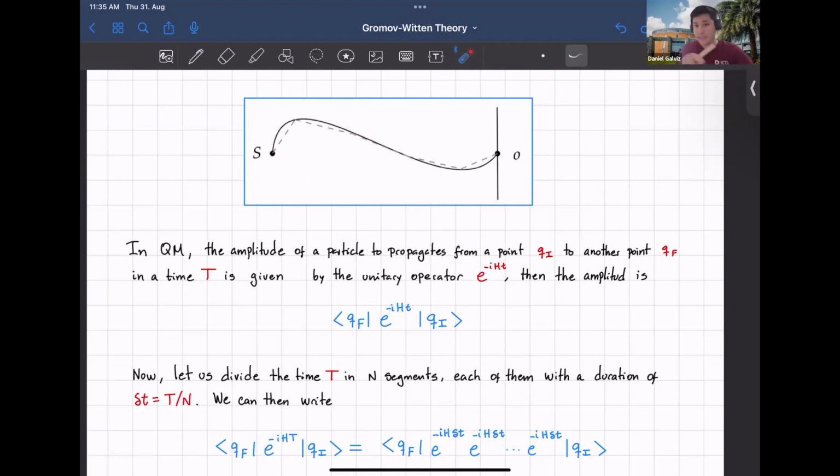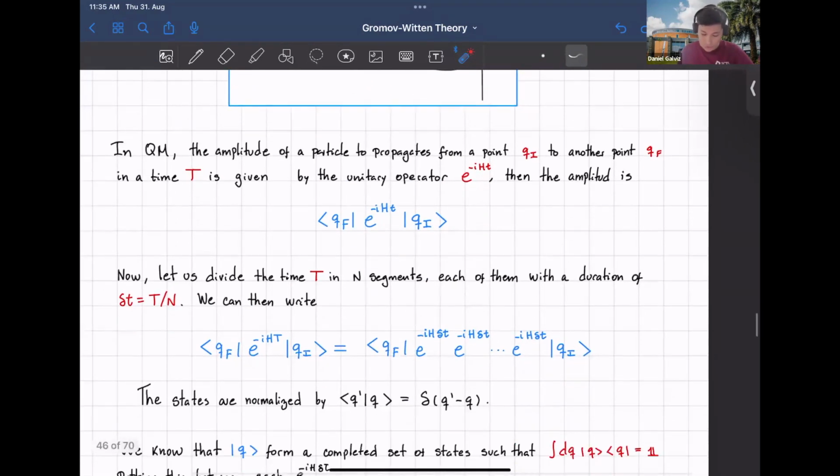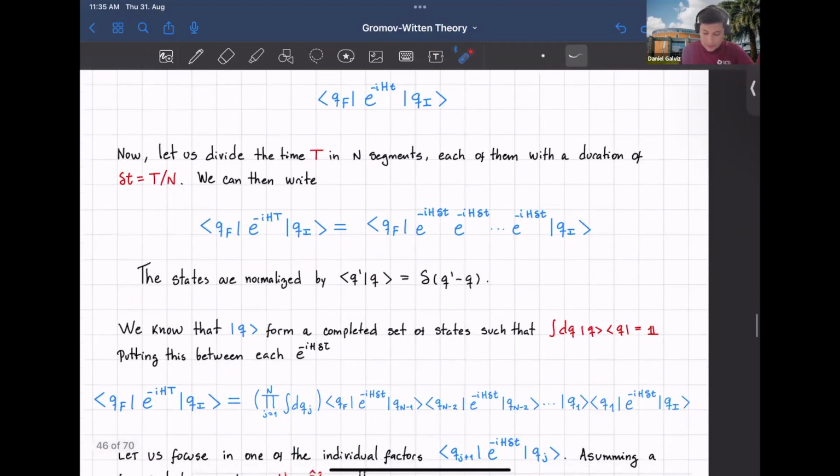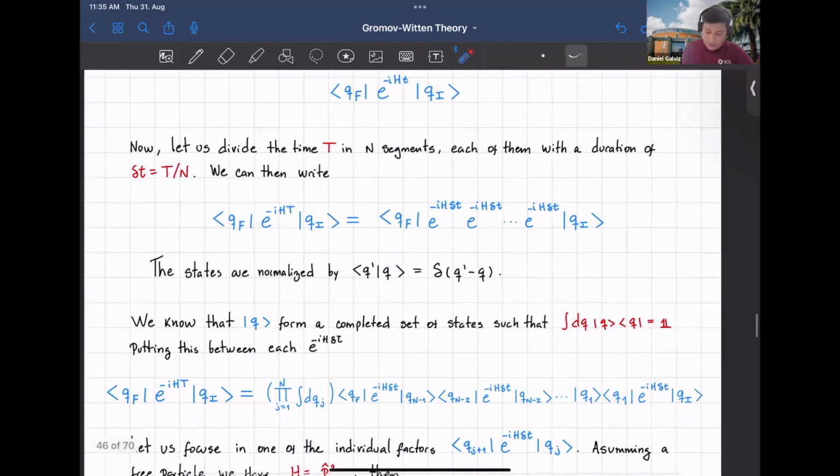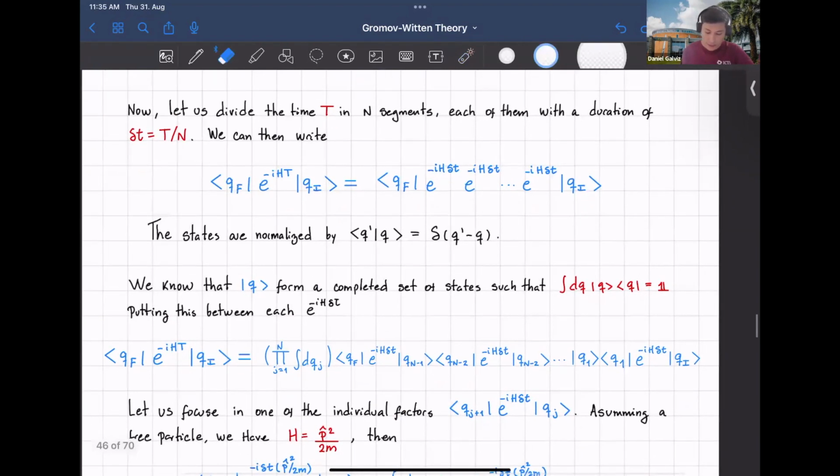So of course, if you take the limit, you end up describing the whole line smoothly. So the states are normalized. This is a property in quantum mechanics. When you have these states, this goes to 0 if the states are different, and to 1 if the states are the same.